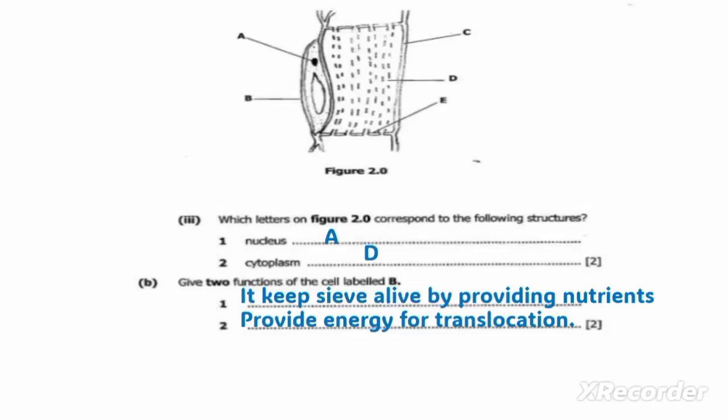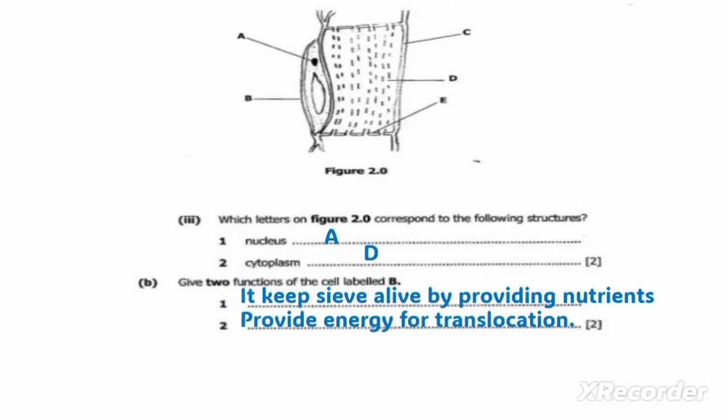So translocation is the movement of manufactured nutrients from the site of synthesis to the site of storage or to the site of usage. So we know that the phloem vessel is the one that conducts these manufactured nutrients. Therefore, for these manufactured nutrients to be conducted, there is need for energy.